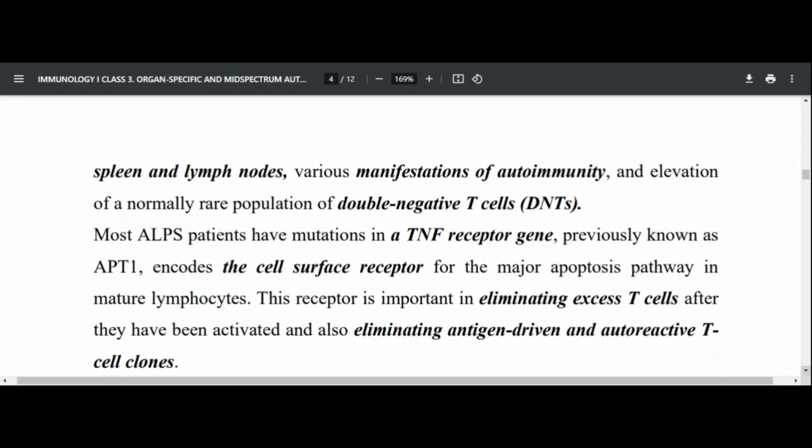Because the receptor is defective, apoptosis will not take place. This receptor is very important in elimination of excess T lymphocytes. So T lymphocytes will not be eliminated, they will accumulate, and those cells can lead to autoimmunity.